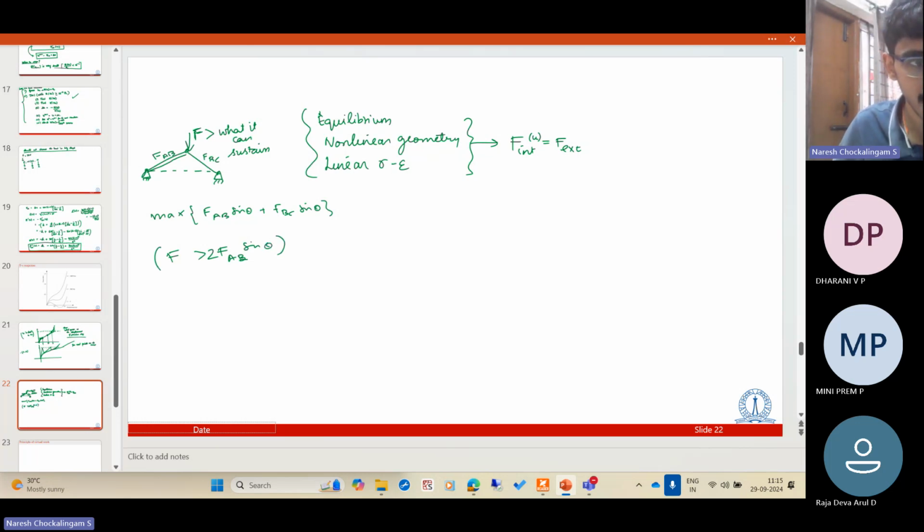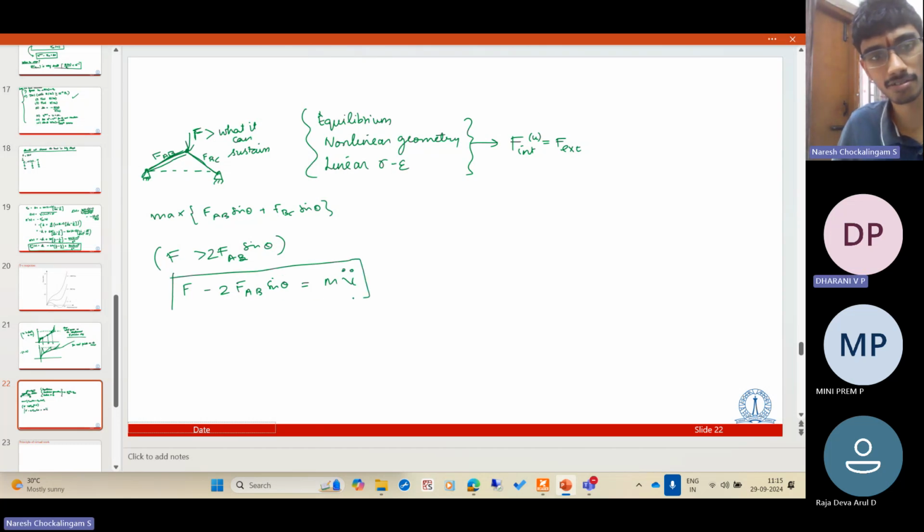Suppose this is the case, then these bars have got some mass, right? So the remaining, F minus 2 F_AB sine theta, will appear as mass times acceleration, mass times some U double dot. So when you apply a force that is greater than what is required, the structure will accelerate.